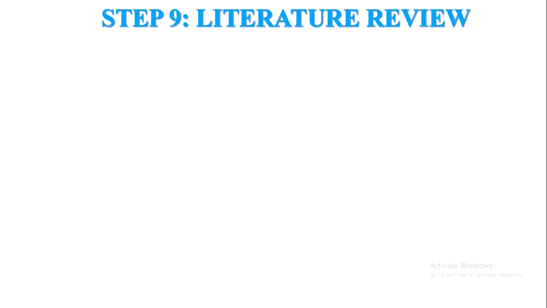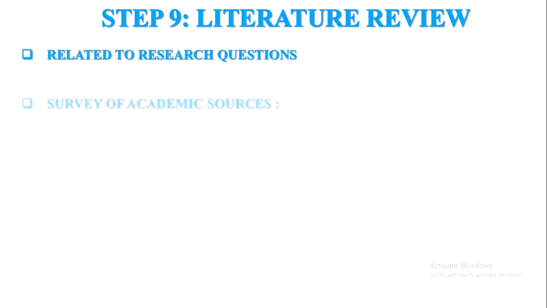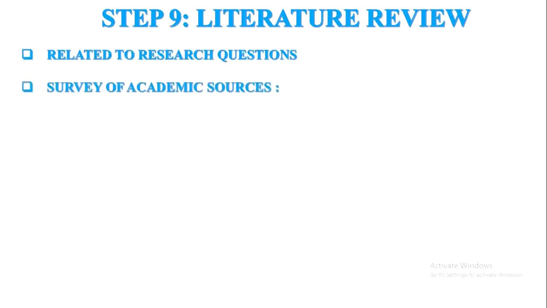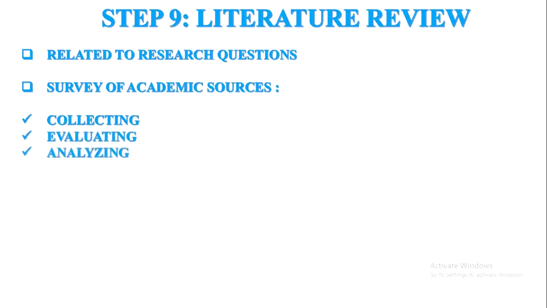So moving to our step number 9, which is the literature review. It should be related to your research questions. Number 2, it should be a survey of academic sources: collecting from different research papers, evaluating, then analyzing what you have collected and evaluated.